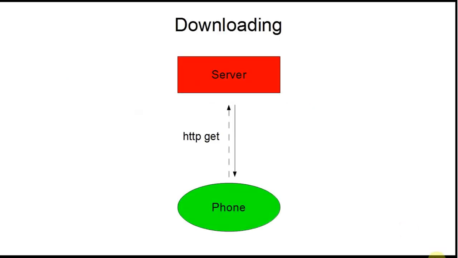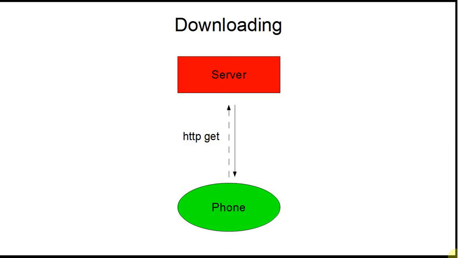If you want to download stuff from your phone, then you're basically going to contact a server, and the server is basically the software that serves up the website or web service that you want to contact. So if you look at BBC News, let's say, there's a server program running there, and when you type a URL in your browser, you're doing an HTTP GET request.